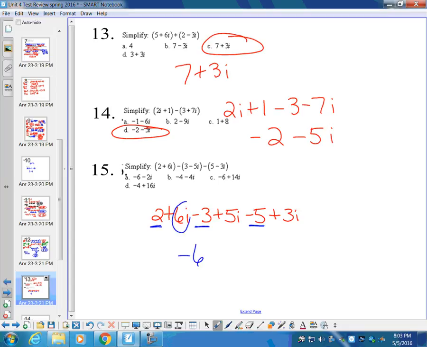Now, 6i, 5i, 3i. So 14i. So negative 6, 14i is C. All right. So adding, subtracting, and then subtracting an extra one there. Okay, so 13 is C, 14 is D, and 15 is C.